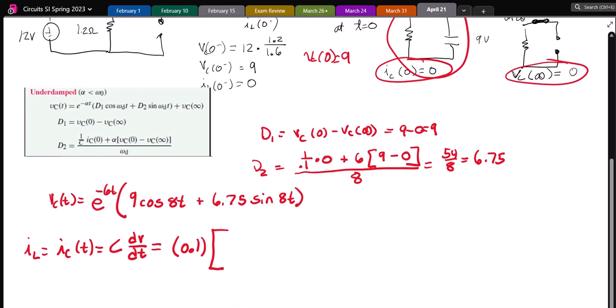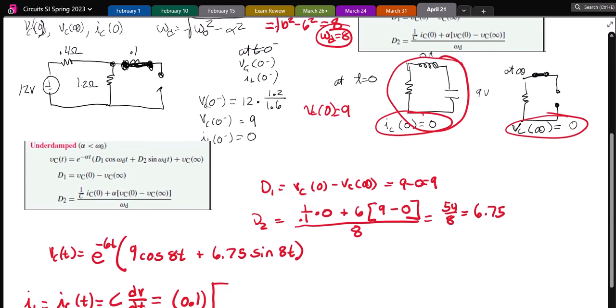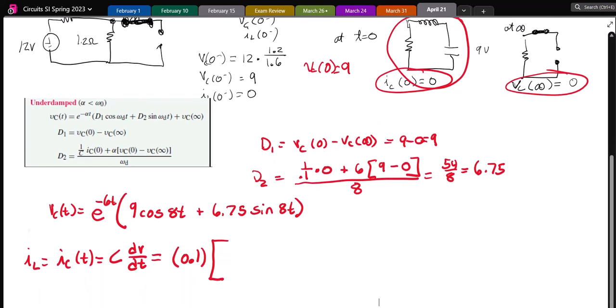So when the computer we know the current across the capacitor is C dV dt, so now we have to find C dV dt. C is 0.1. To take the derivative, we said, well, they're all in series. Function 1, that's F, that's G. The product rule, then that's the same as the current across the inductor, so IL has to equal IC.